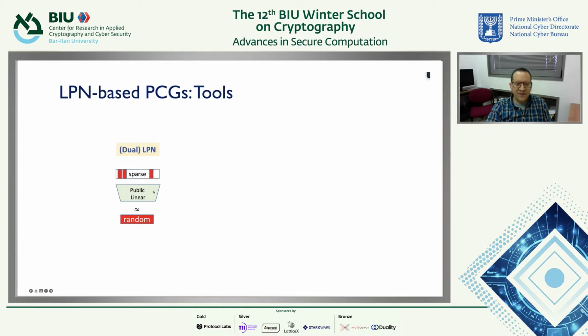We apply a public compressive linear mapping, unlike the expanding encoding function in the previous primal version. Now we apply a compressive public linear mapping, and we want the output of this mapping to be pseudorandom even given knowledge of the public compressive linear mapping. Okay, so that's the dual version of LPN.